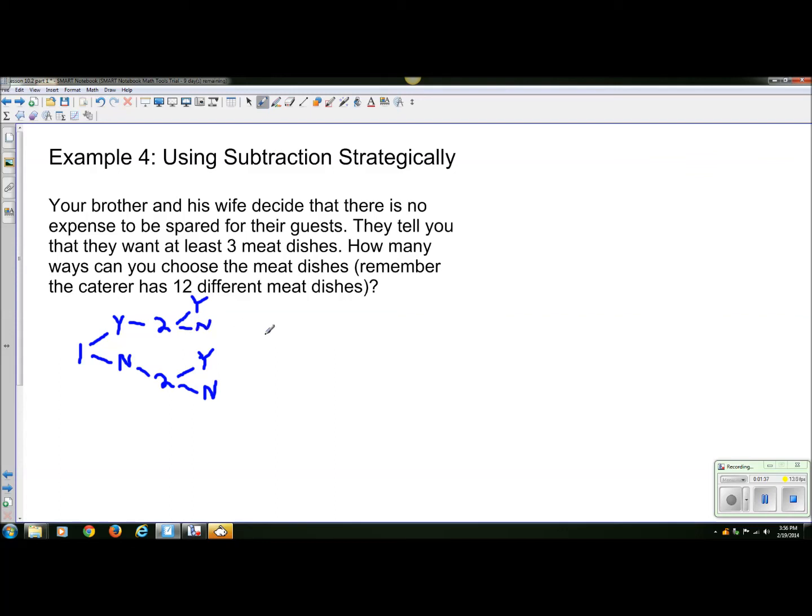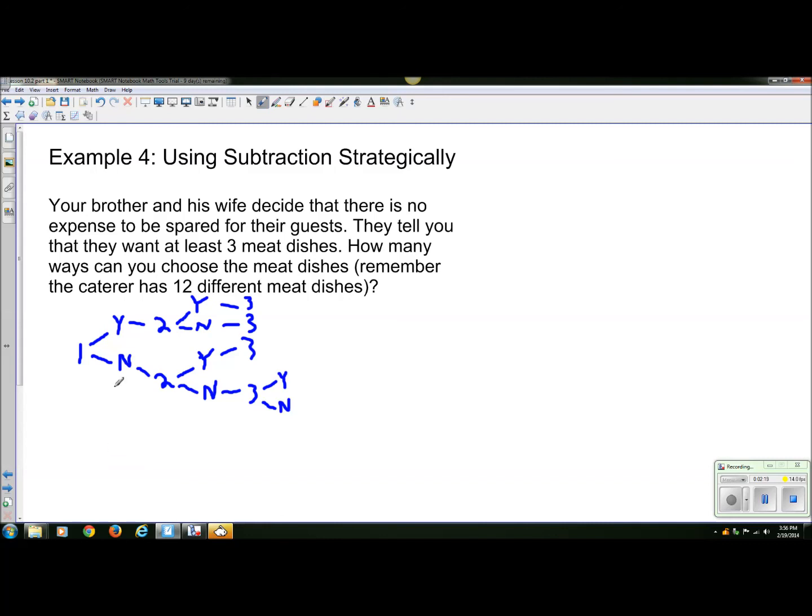And then, once you'd made that decision, you could go on to meal number 3. Maybe meal number 3 is smoked salmon. No, I don't want smoked salmon. Yes, I do want smoked salmon. And for each decision that you'd made prior to that, you'd contemplate meal number 3 anyway, right? For each meal, you have 2 different choices. You have either the choice of taking it or not taking it.